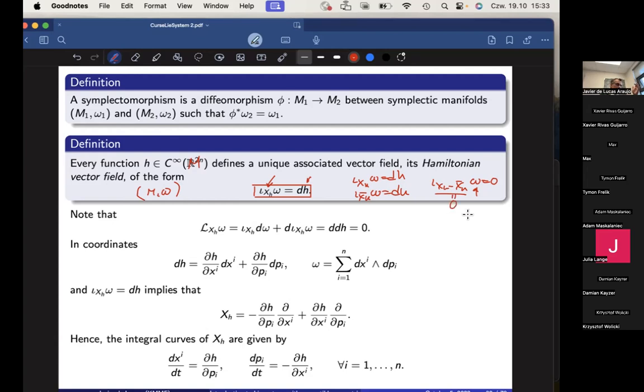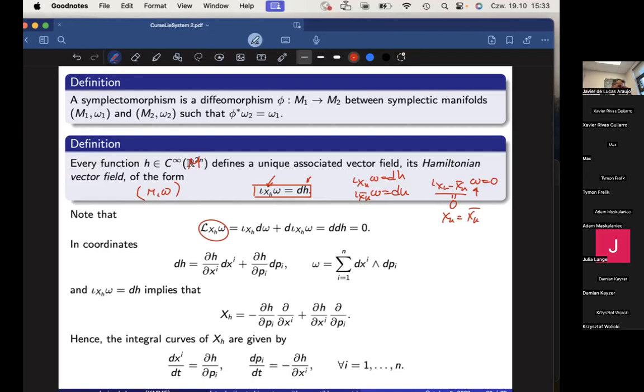So Hamiltonian vector fields are uniquely defined. It can be proved also that they exist, things like that. And one of the interesting things about Hamiltonian vector fields is that the Lie derivative of the symplectic form with respect to the Hamiltonian vector field is equal to 0.